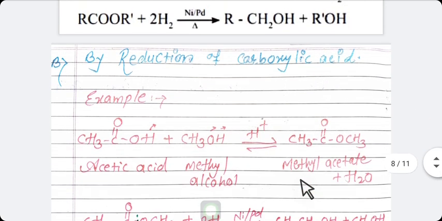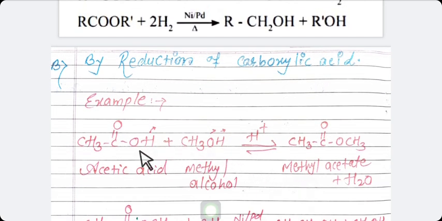Taking an example, I am taking here acetic acid, CH3C=OOH, plus CH3OH, means acetic acid or ethanoic acid reacts with methyl alcohol or methanol, which first converts into ester.